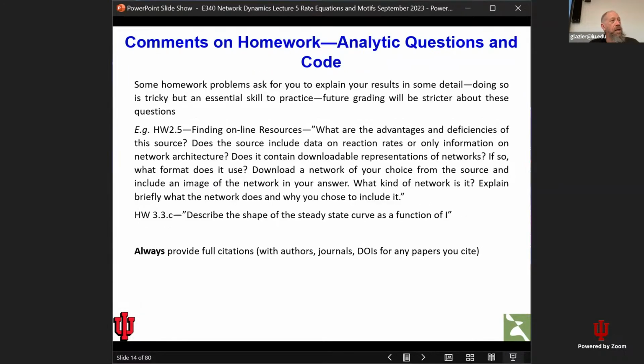The other thing I wanted to talk about, and again, I understand that if you're coming from a computer science class or physics class or math class, the kind of open-ended questions about talking about things may not be so familiar. But for example, in the homework, there was the online resources, and perhaps I should have broken these out into a numbered list.